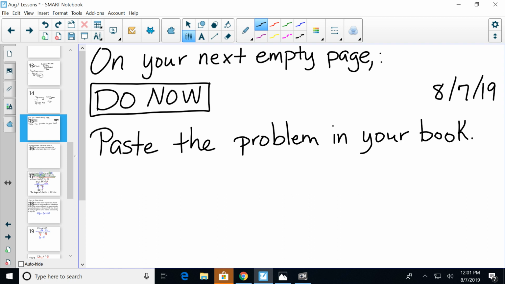So again, you should be gluing the small piece in your next open page. Make sure that you put do now and the date at the top before you glue it.